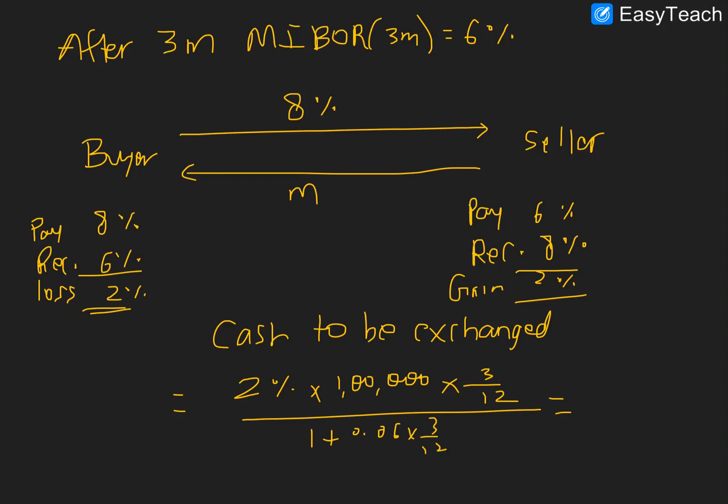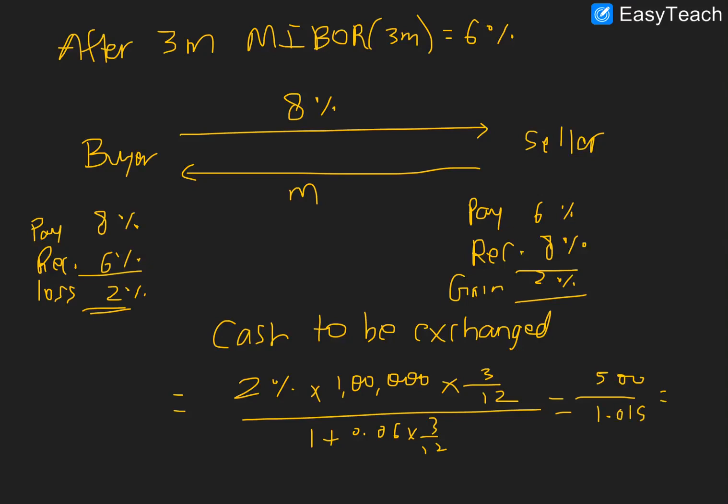So if you just compute it, we get 1 lakh into 2% into 3 by 12, that's 500, divided by 0.06 into 3 by 12 plus 1, so that's 1.015.